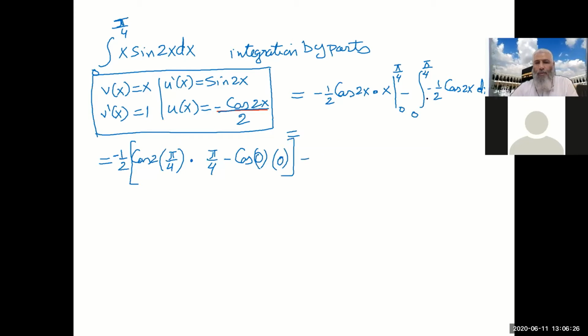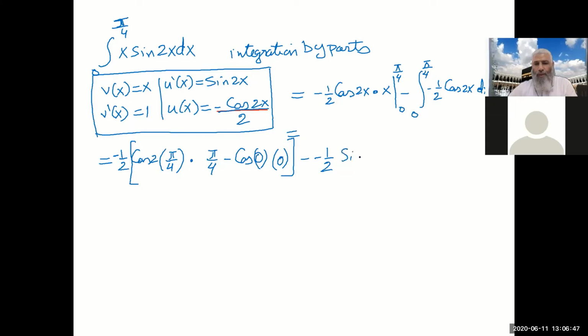Minus the integration of this. The negative 1/2 will come out of the integration. What's the integration of cosine 2x? I need to look at the direct integration.